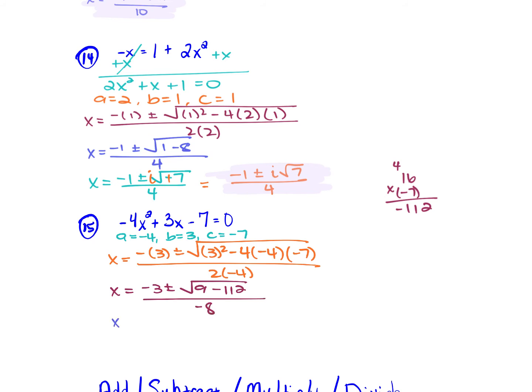From here, you're going to have negative 3 plus or minus the square root of 9 minus 112 is going to be a negative 103 all over negative 8. Again, you can't leave the negative underneath the radical, so take it out. It becomes x is equal to negative 3 plus or minus i square root 103 all over negative 8.